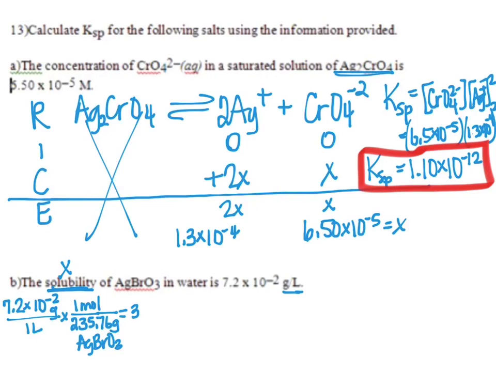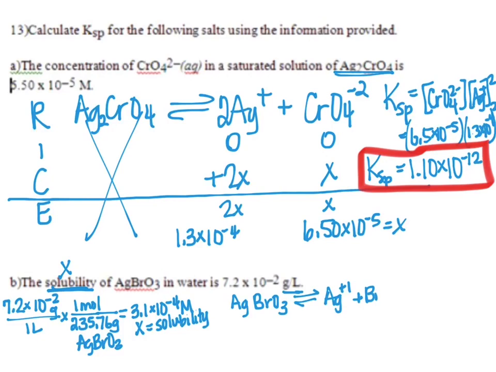And I get 3.1 times 10 to the negative 4 molarity as our X, which equals our solubility. So now we can solve for Ksp. So go to your RICE table, say silver bromate, and break it down into what? Its ions, Ag plus and BrO3 minus.